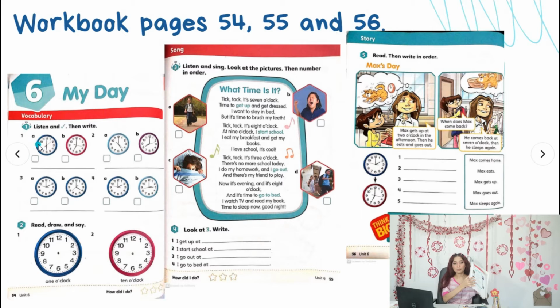You're going to check if the listening is saying this time or this time, and check the one you hear. When you check this, you are going to write the hour in here. It's 5 o'clock, it's 7 o'clock, depending on what you hear, okay?